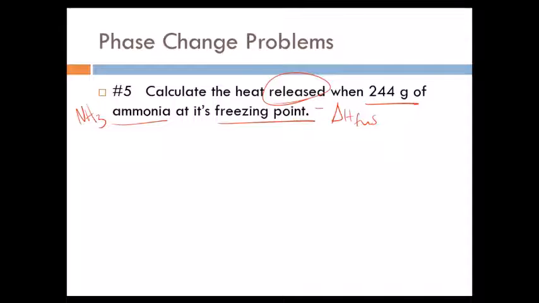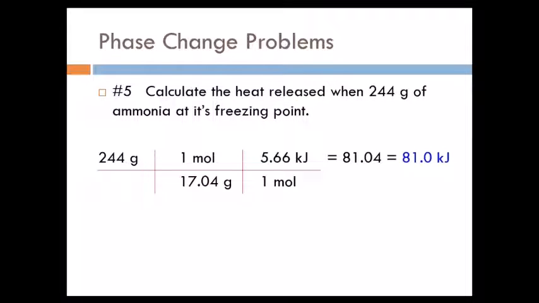If it's releasing, it's negative. So here, I got this number off the chart for the heat of fusion. I would say 81.0 kilojoules is released in order to freeze ammonia at its freezing point. But ammonia is NH3, so this value is its molar mass off the periodic table. You just add them up.